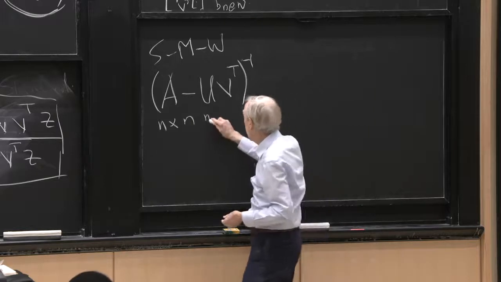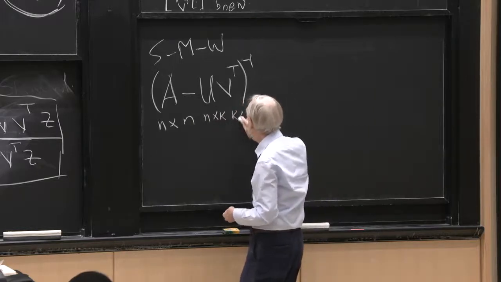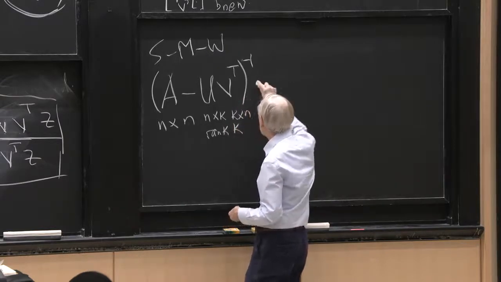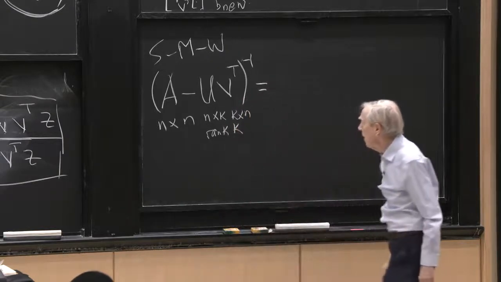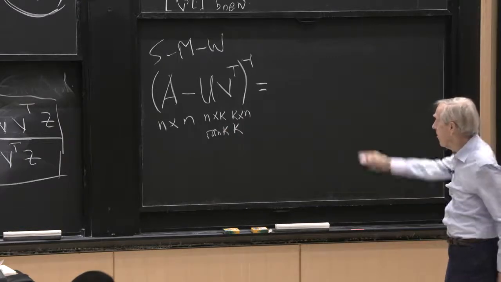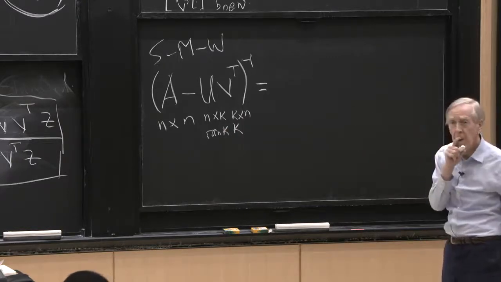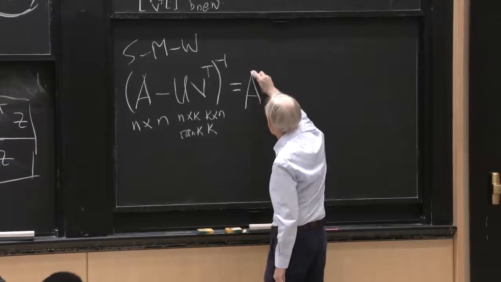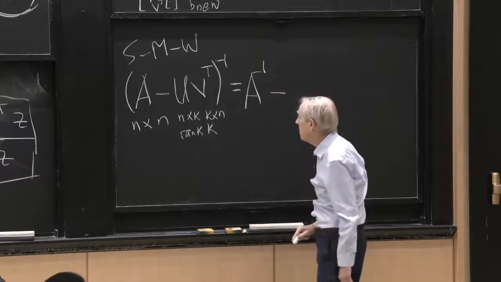And this is n by k, k by n. So it's a rank k perturbation. And start me out on the formula. What's the first thing I have to write? A inverse. So I start with A inverse, and then I subtract something.